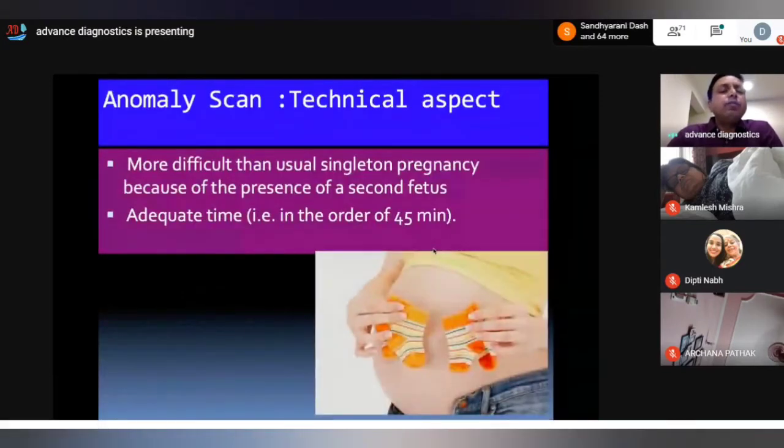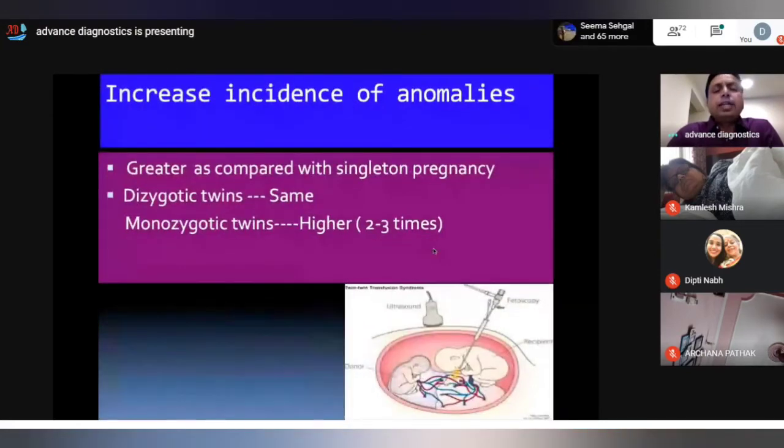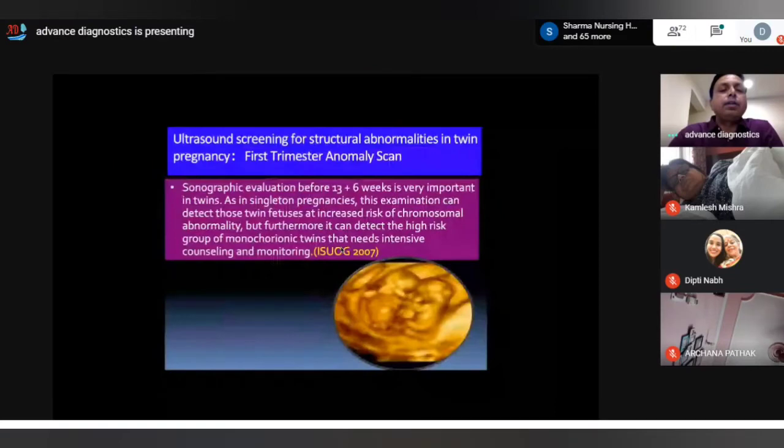And when we are doing our routine anomaly scan, it is slightly difficult because it takes more time because of the second fetus. The incidence of anomalies is also higher in the monozygotic twins, around 2 to 3 times higher.